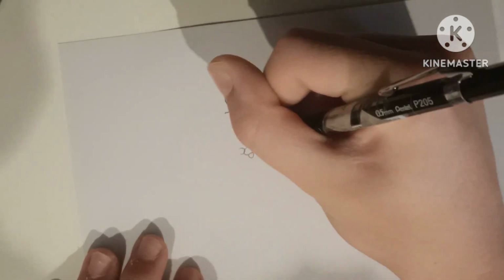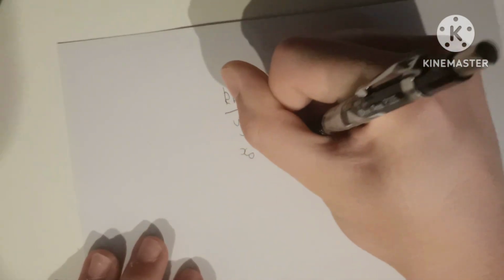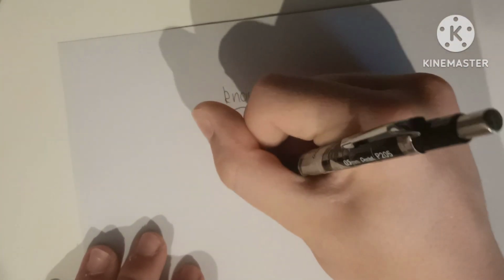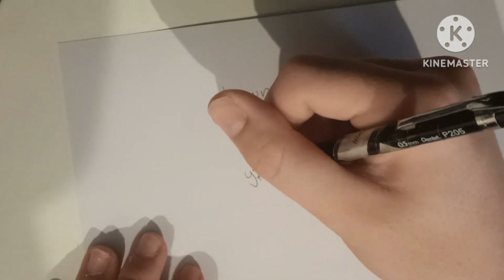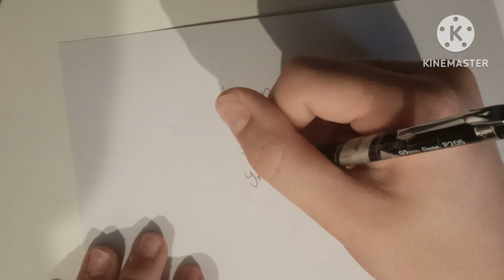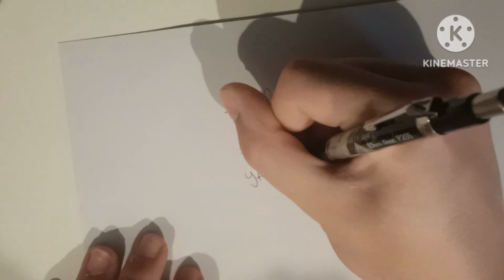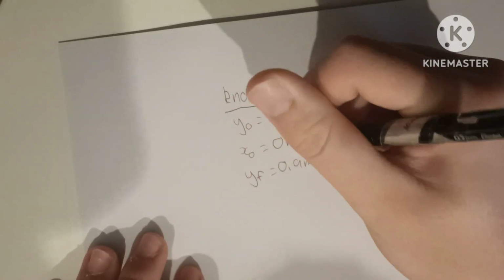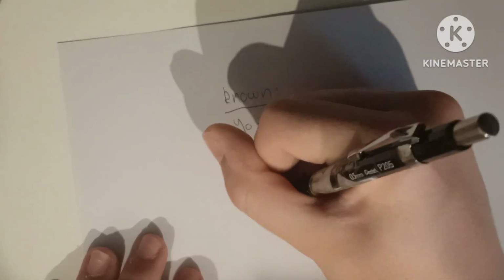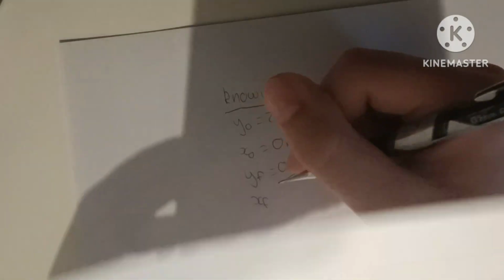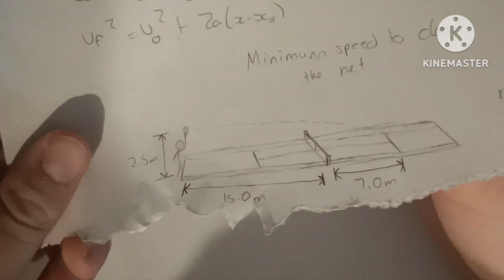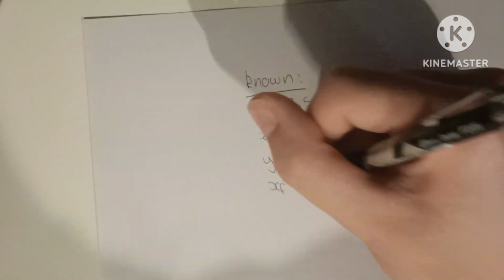We know the initial x, which is 0 meters. We know the final y, which is the height of the net, which is 0.9 meters. We know the final x position, which is 15 meters, because the distance between the net and the player was 15 meters.